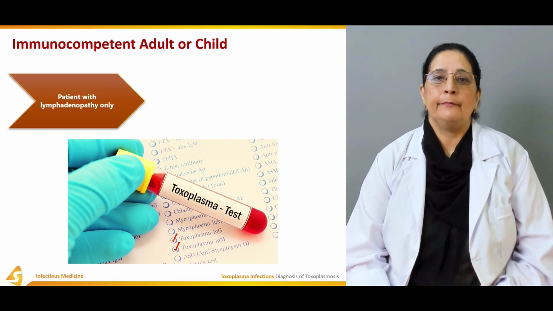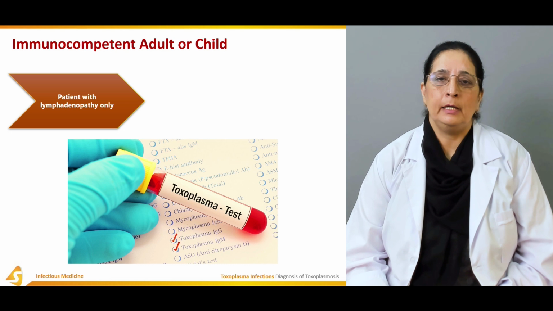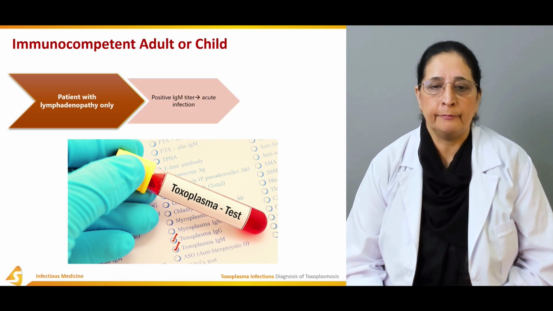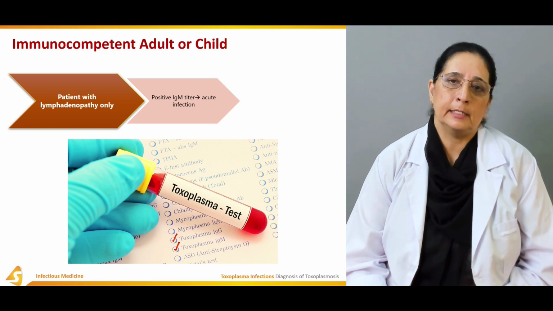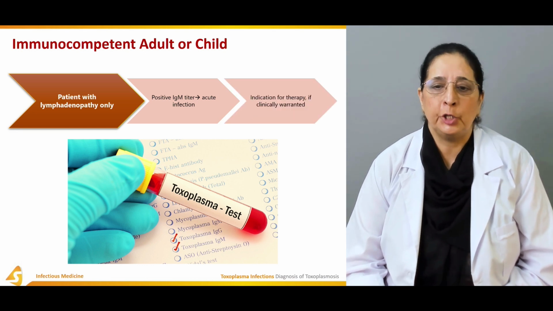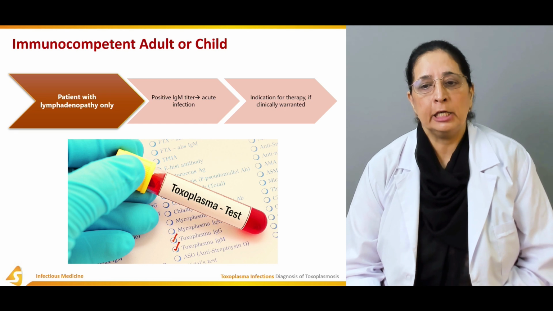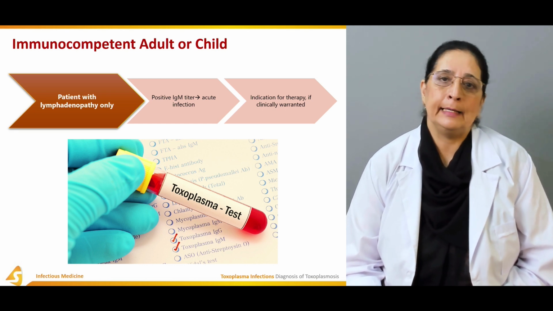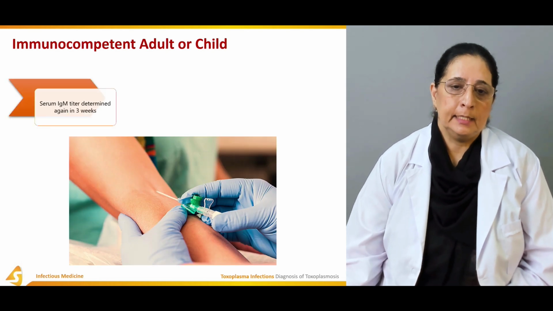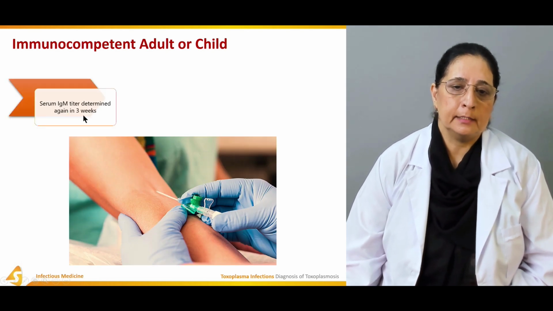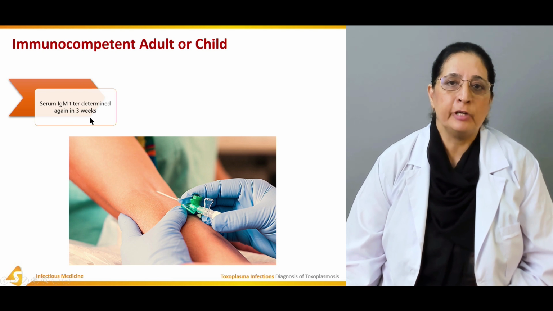In patients with only lymphadenopathy, enlargement of the lymph nodes, a positive IgM titer indicates acute infection. This is an indication for therapy if clinically warranted. Serum IgM titer is determined again in 3 weeks.